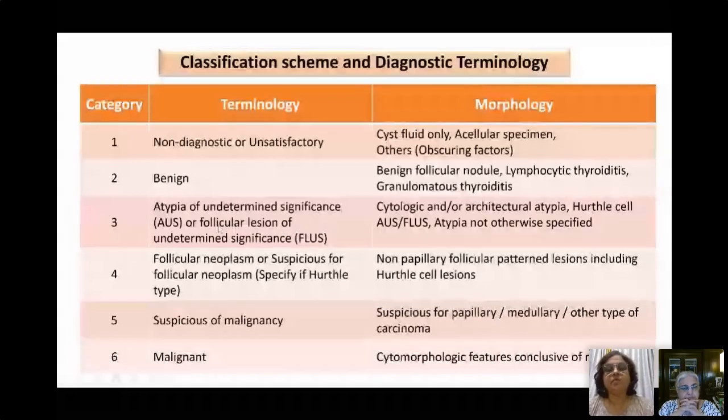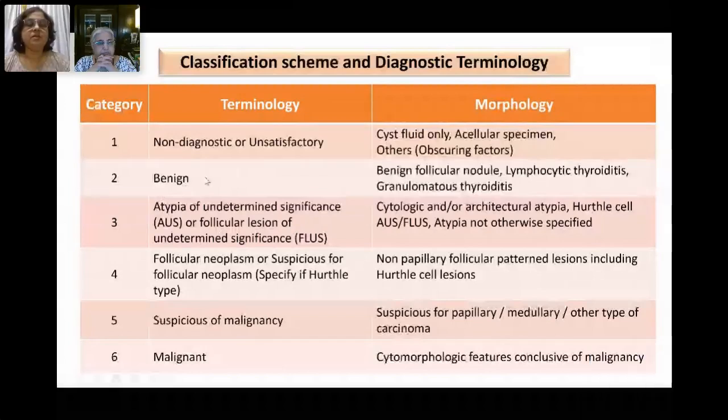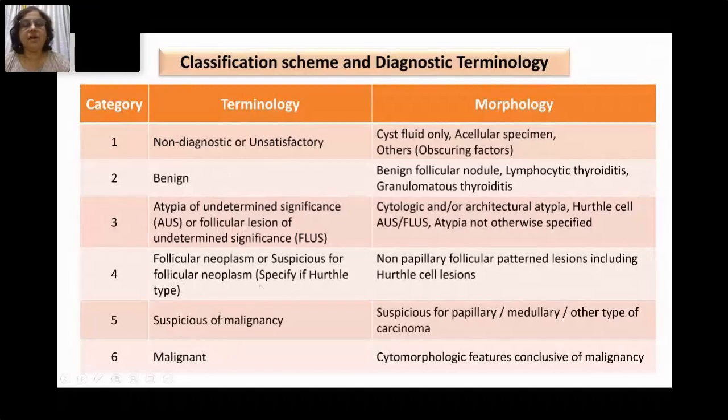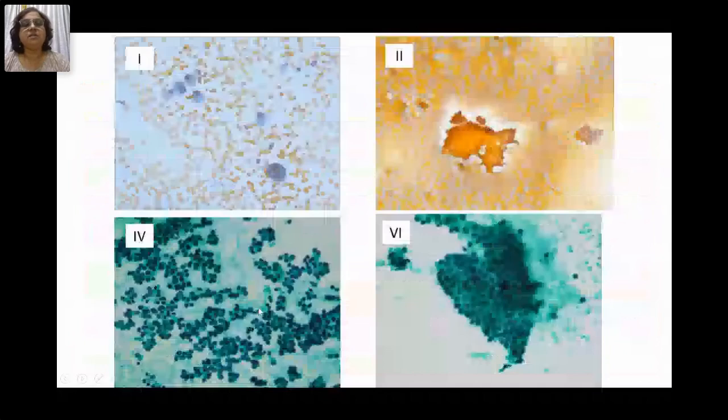Especially benign will not need any further immediate surgical intervention, but other categories like category 4, 5, or 6 will require surgical intervention.